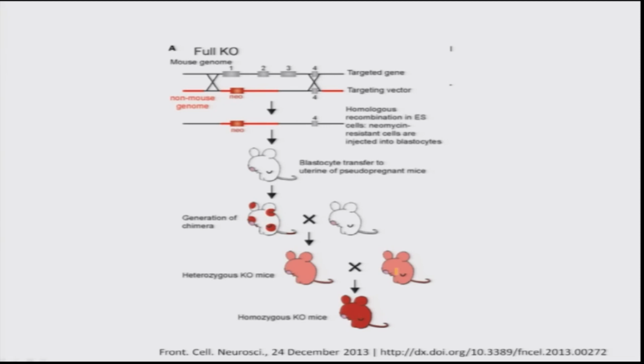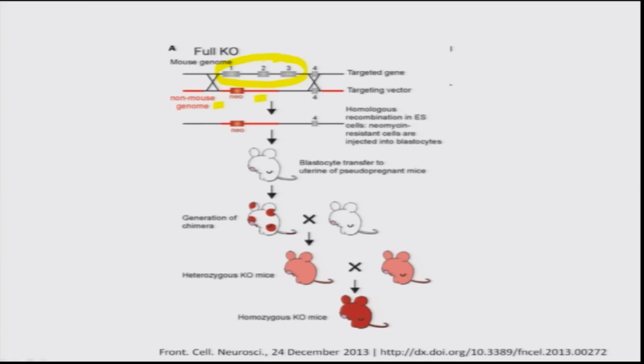So just to summarize what we have discussed so far, you have a neomycin cassette which you use to, for example, remove certain exons. Here, what is shown is more than one exon, exon 1, 2, 3. You have put that inside the blastocyst.